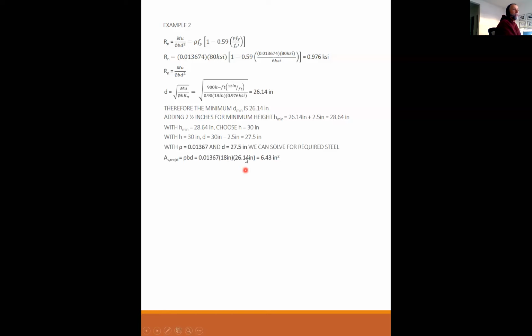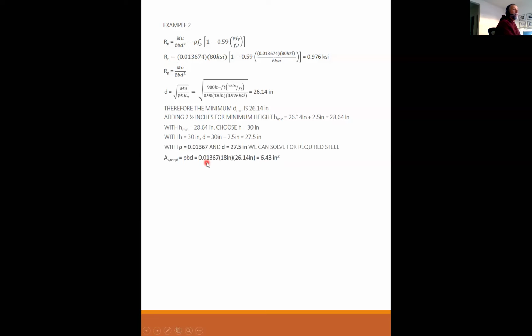Now, why did I use the minimum and not the D that I'm actually using? Well, because the minimum came from the load, and the D that we're going to use came from the actual physical constraints of building the beam. So if I put 27.5 in here, and I'm still using the original rho that I got from the actual load, then I would have overestimated how much steel I need.